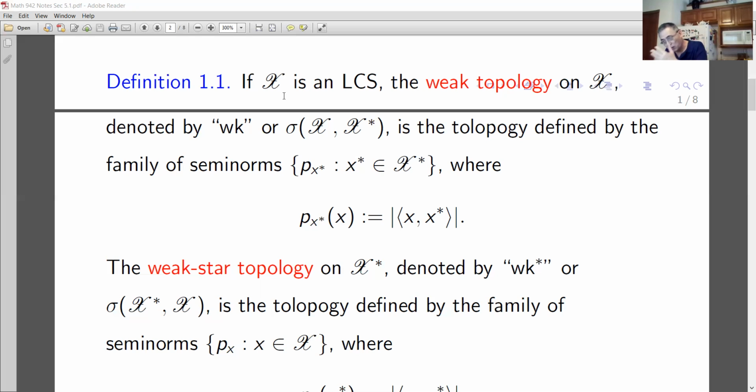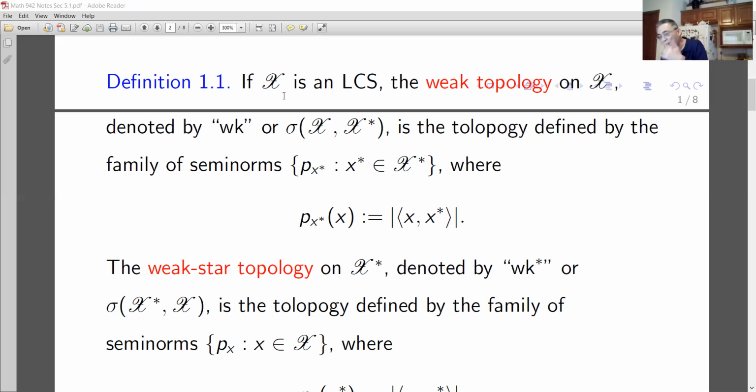So each non-zero point is outside some open neighborhood of 0. So this is the condition, and it is equivalent to the Hausdorff condition.